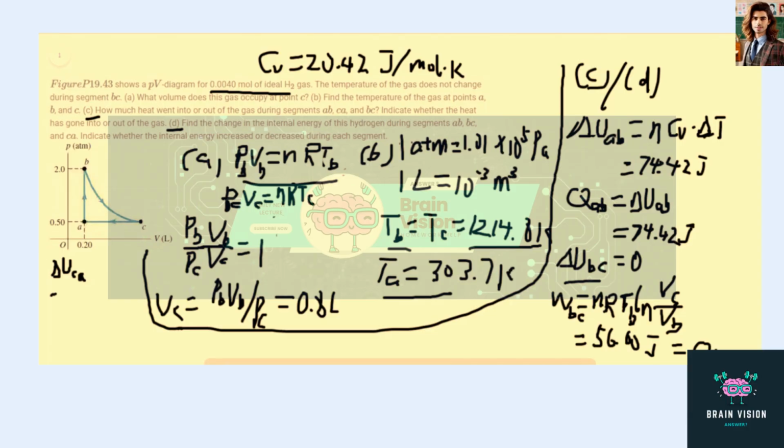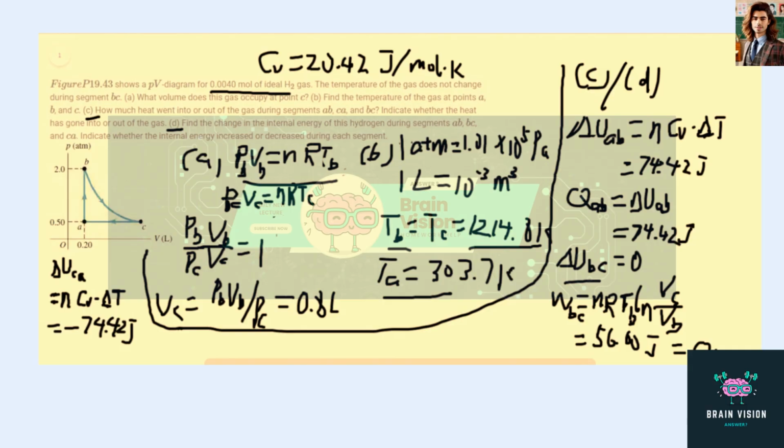So we can figure out delta UCA directly, which equals n times CV times delta T. And delta T in this case will be TA minus TC, because A is the final state and C is the initial state. So the value is negative 74.42 joules, which is just opposite to this one.